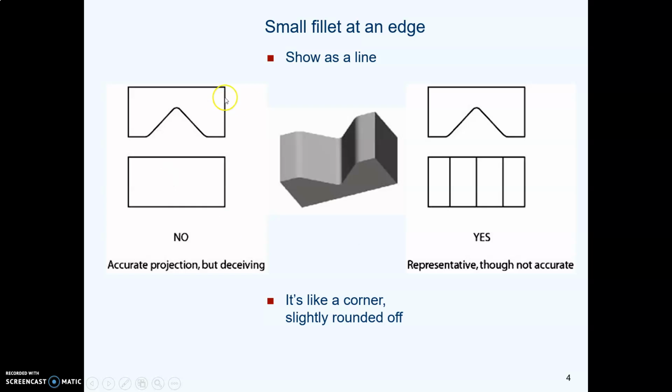If you have a part that has just a small fillet radius, things get a little bit subtle here. If it's just obviously a part with corners and you just put a little fillet radius on the corners, then you do draw edges.